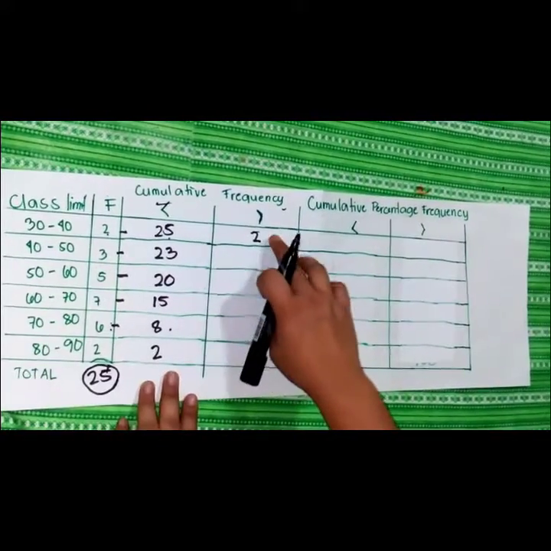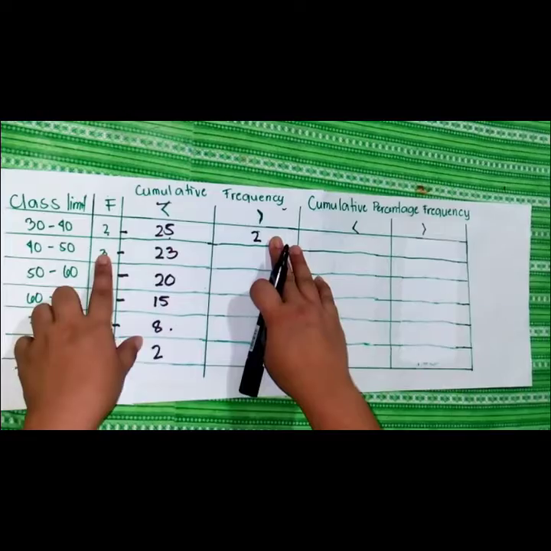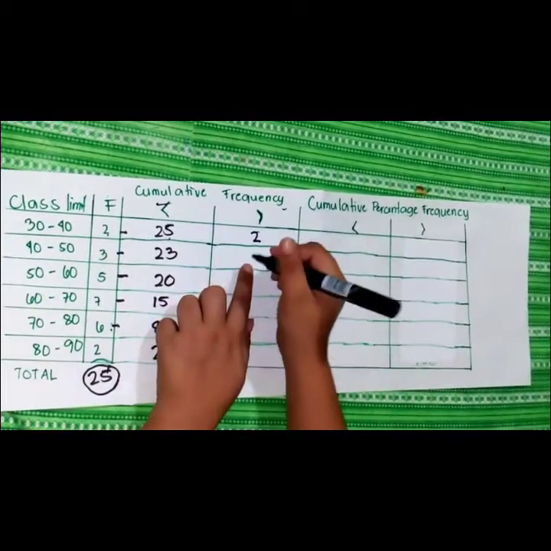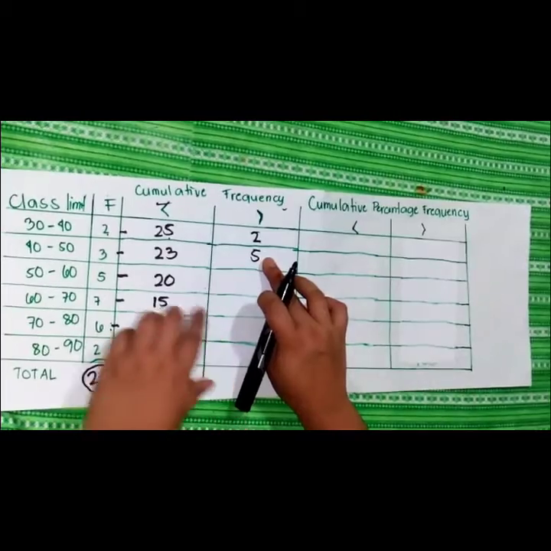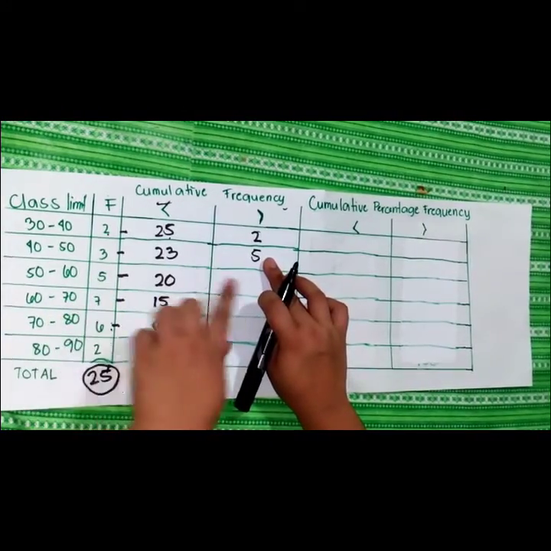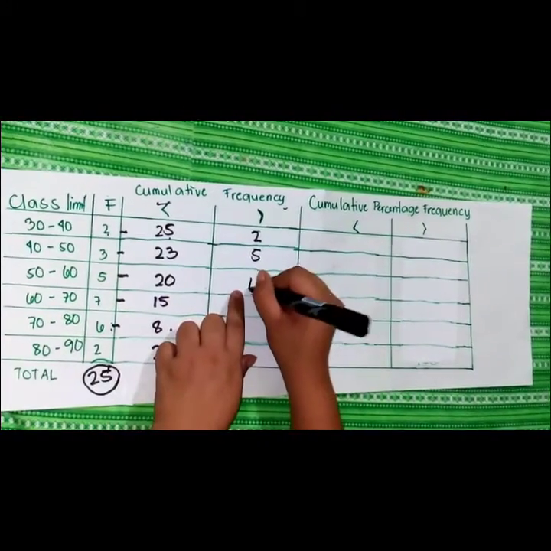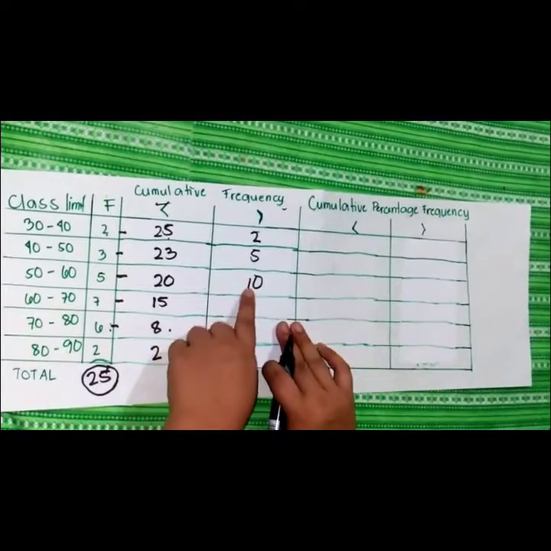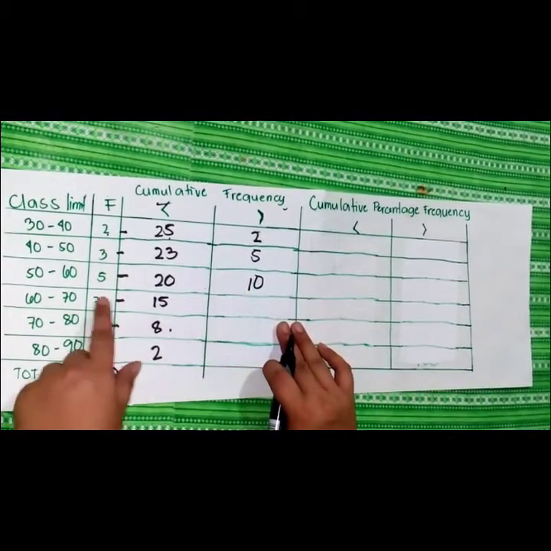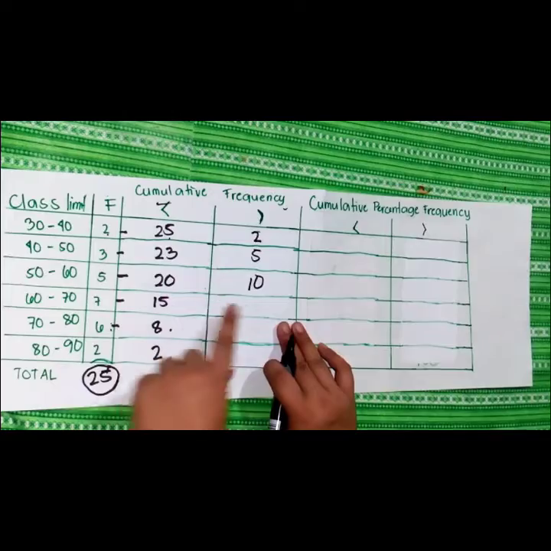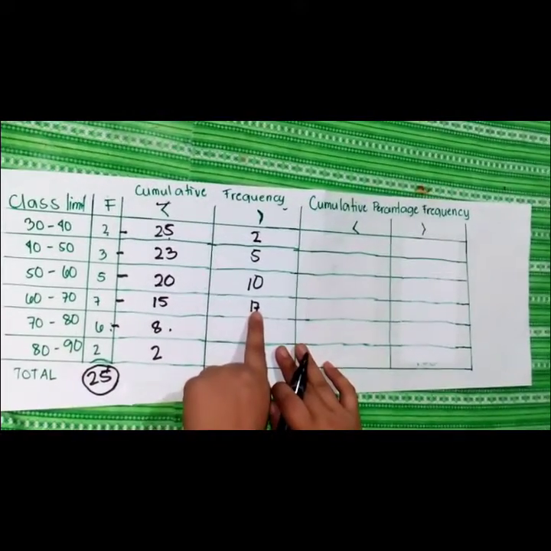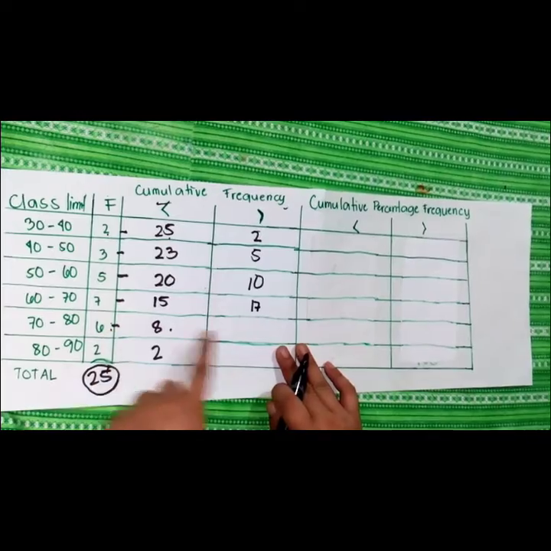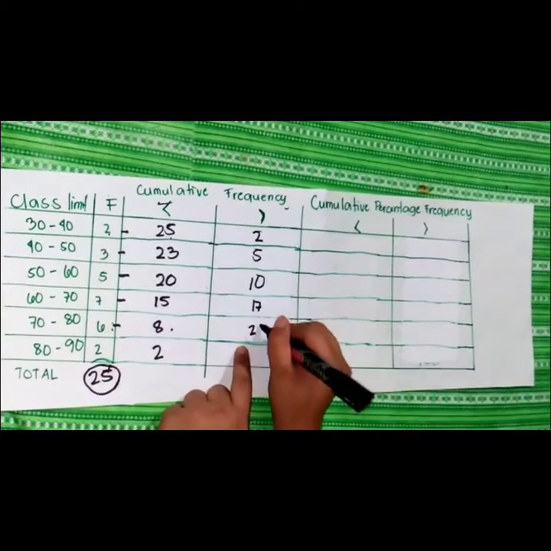So 2 plus 3 is equals to 5. 5 plus 5 is equals to 10. 10 plus 7 is equals to 17. 17 plus 6 is equals to 23.